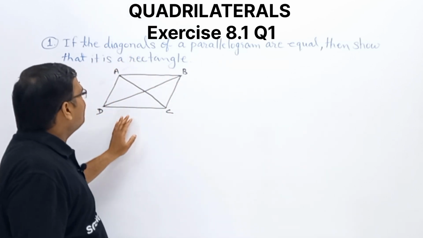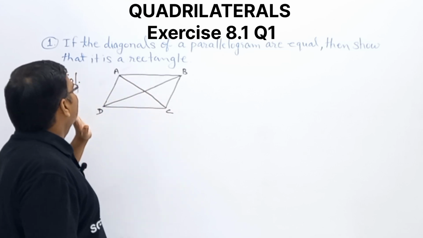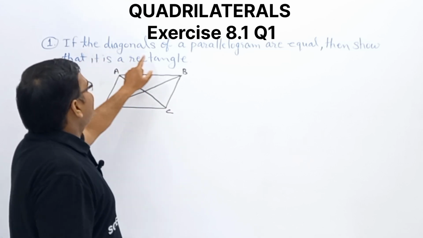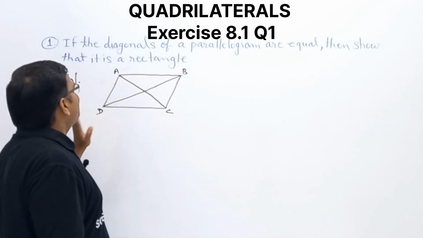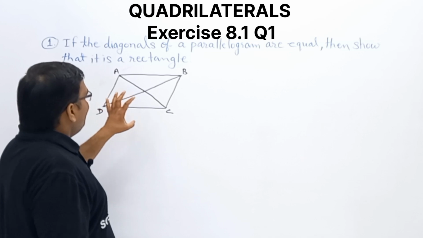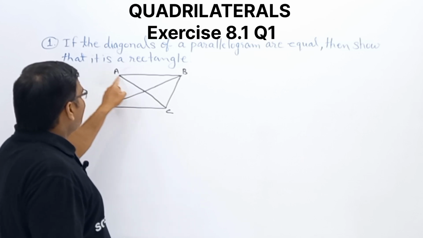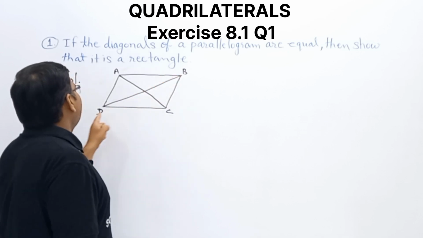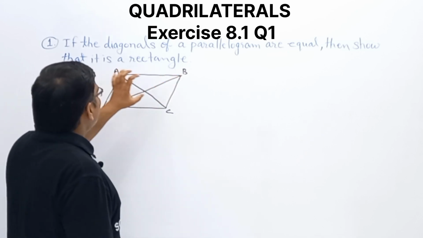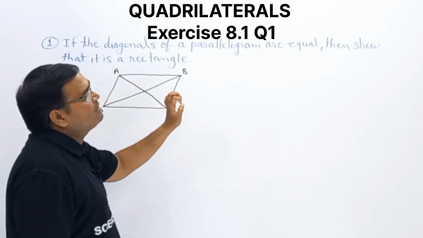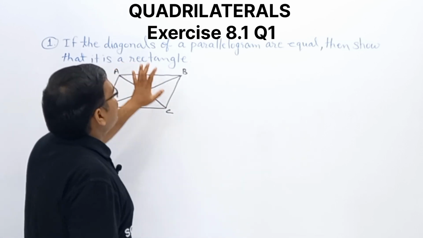In a parallelogram, opposite sides are parallel. ABCD is a parallelogram, and the diagonals AC and BD are equal, given in the question. Then show that it is a rectangle.